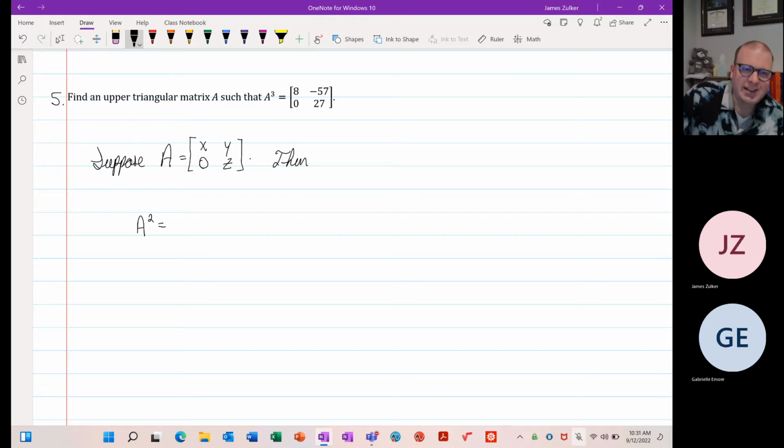Right, A squared, A times A. So row 1, column 1, x times x plus 0. Now by column 2, we're going to get xy plus yz. Row 2, column 1, 0 plus 0, right? And then row 2, column 2, we just get z squared.